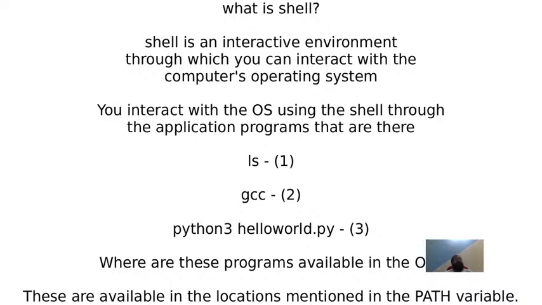And after I explained to you what a shell is, I told you that we have multiple programs through which you can actually type your command and interact with the operating system, do certain things, and things like that. Now my question was, where are these programs available in the computer or in the operating system? These are available in the locations mentioned in the path variable.